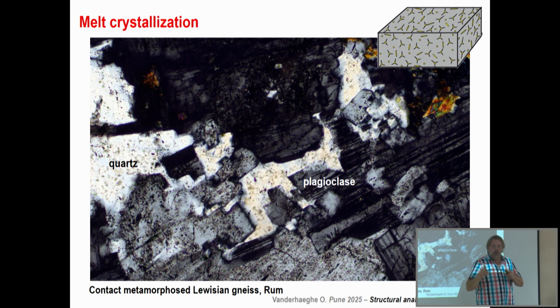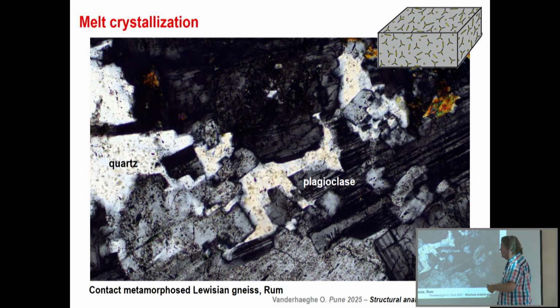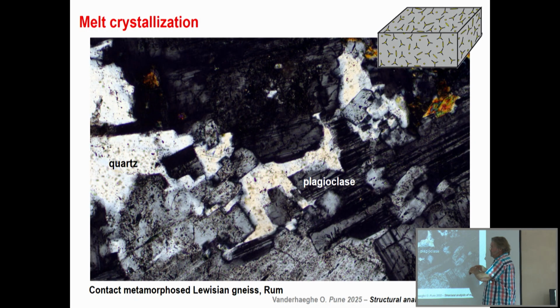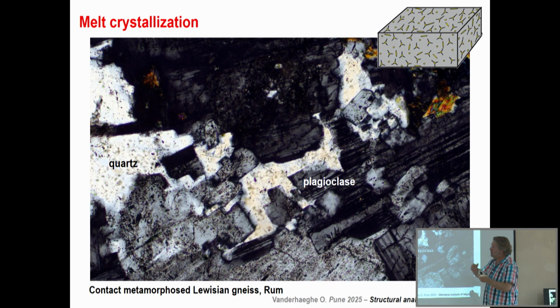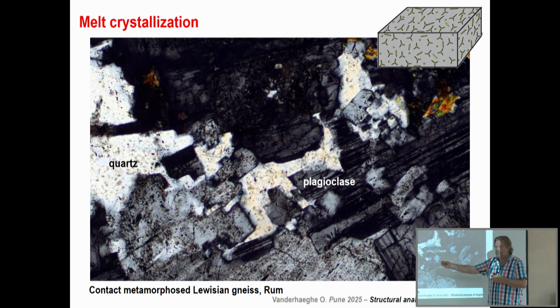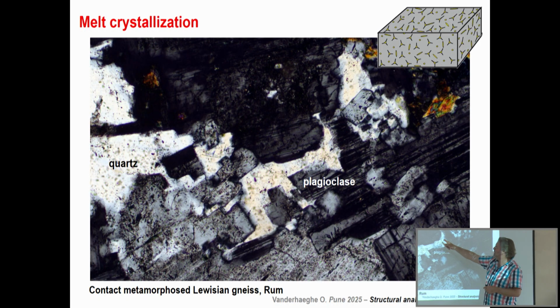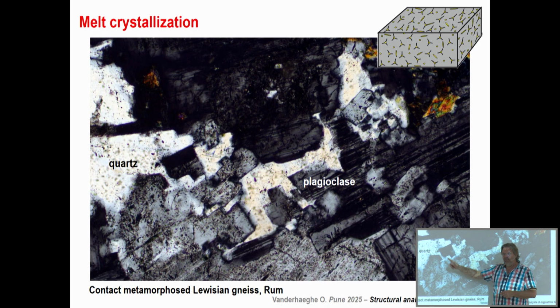So then we start to point out, in these complex textures, which crystals are residual from the melting reaction, that were the reactant, and which minerals crystallized from the melt. And it's not obvious. If we look at that macroscopically, it's difficult to distinguish between this plagioclase and this plagioclase.